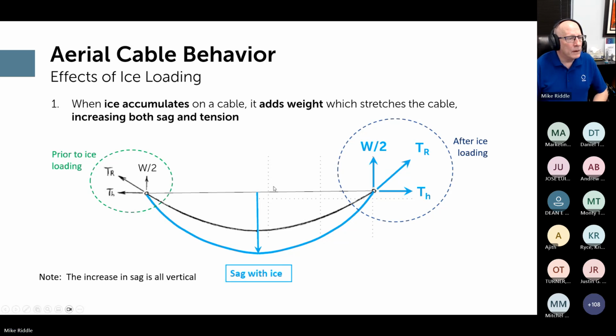When it's just ice, no wind, the increase in sag is all vertical. No surprise. So here are your values for your horizontal tension, your weight, and your resultant tension before the ice accumulates, and they all increase after the ice accumulates on the cable.